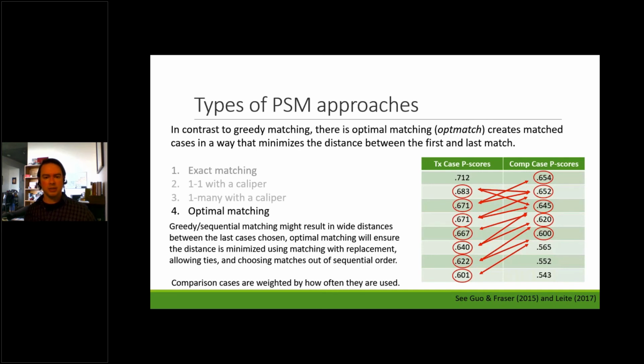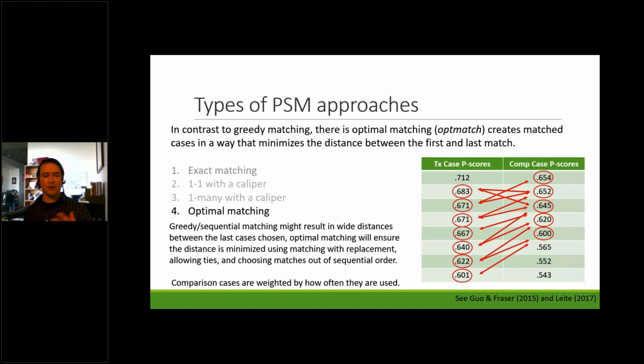In contrast to greedy matching, there is a technique in R in particular, and it should be available as a plugin for SPSS. Last I checked at least, it is available in SAS, but it is not available in Stata, unfortunately. It's what's known as optimal matching. So you can use this to optimize the matching process. And in R, this actual command is called optmatch, and it creates matched cases in a way that minimizes the distance between the first and the last match.